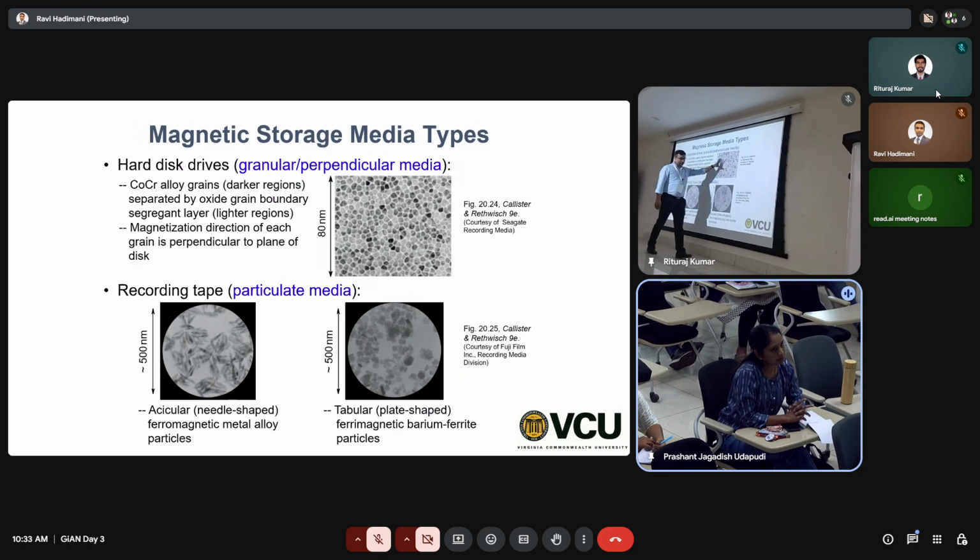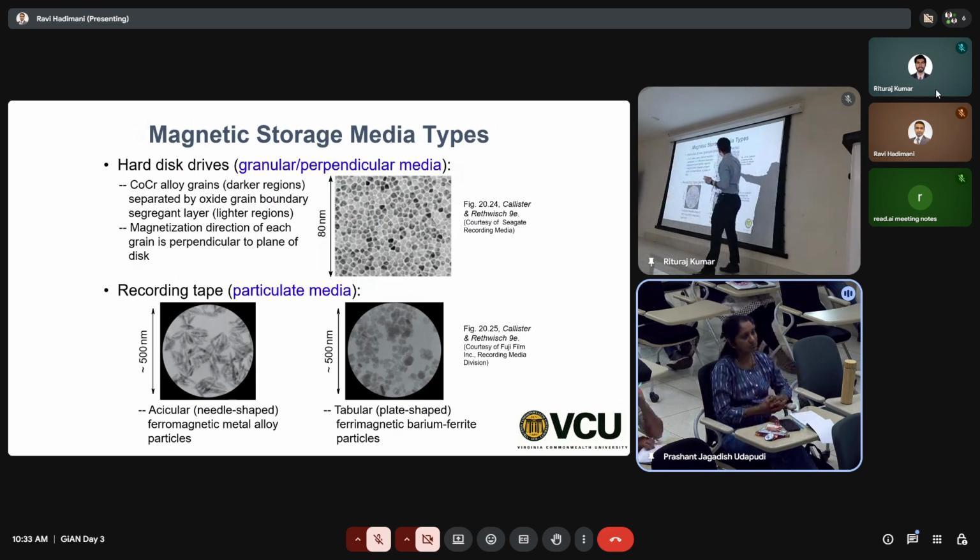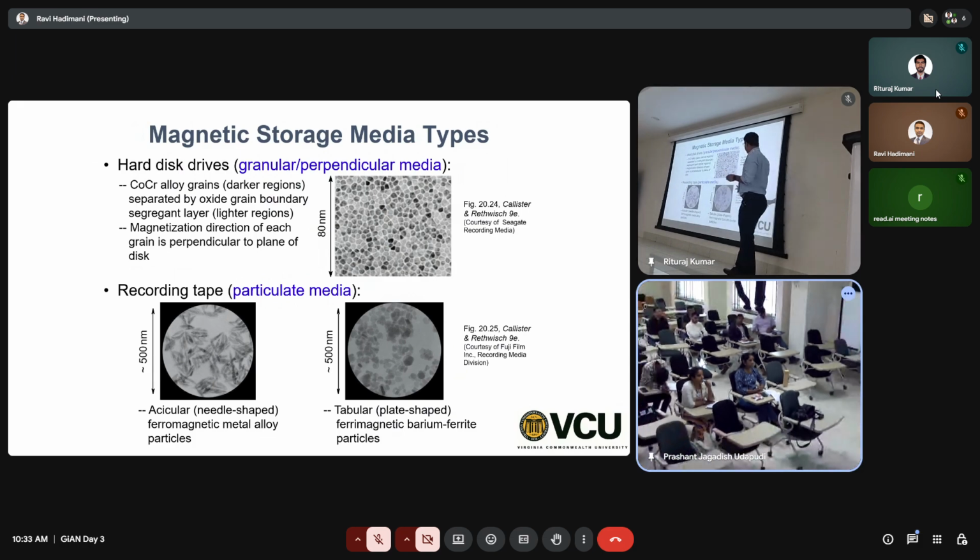Okay, so in this media, there are different types of grains. One is cobalt chromium separated by oxide layers, and oxide layers cannot be magnetized. So this is an older disk, although it is perpendicular media, because nowadays each bit is read in a grain of 30 nanometer size.